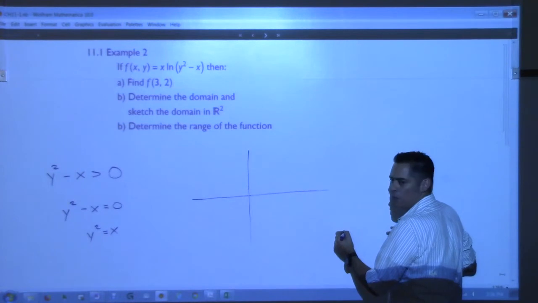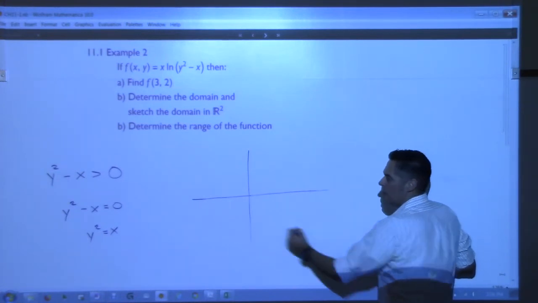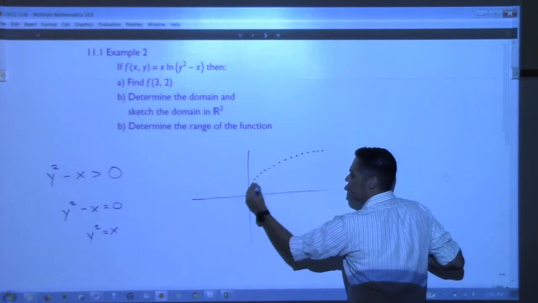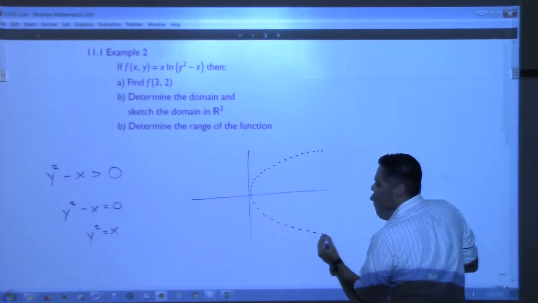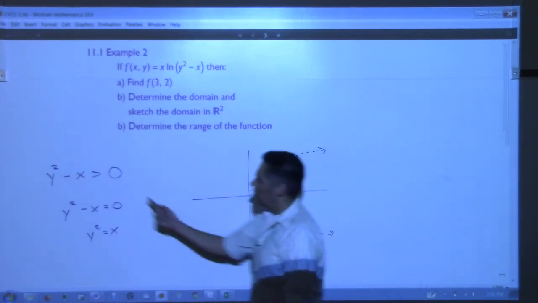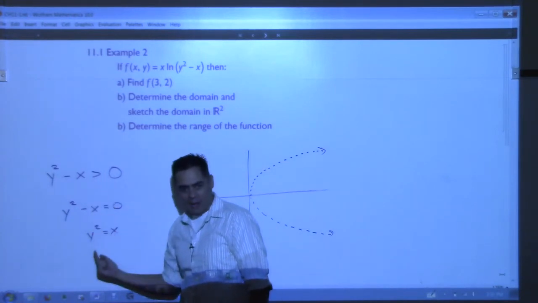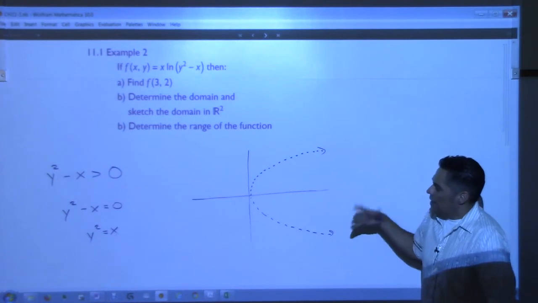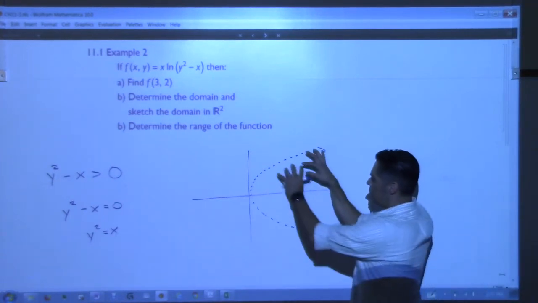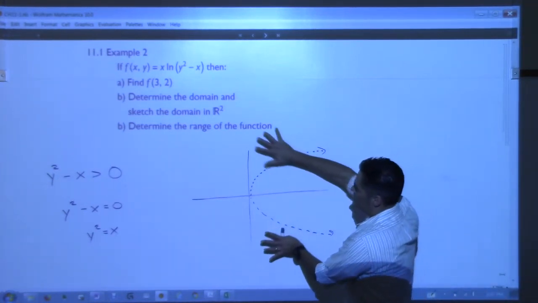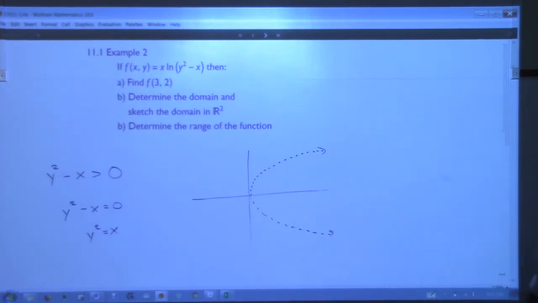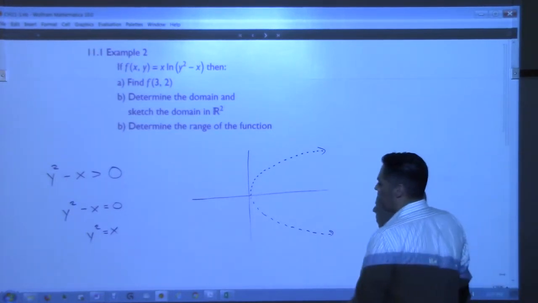Now, do I want to include the parabola? No. I don't want the parabola included because we have to be strictly greater than 0, and this is what's happening at 0. Then it's a question of whether we include the stuff in here or the stuff out here, so you do another test point. What's a good test point?